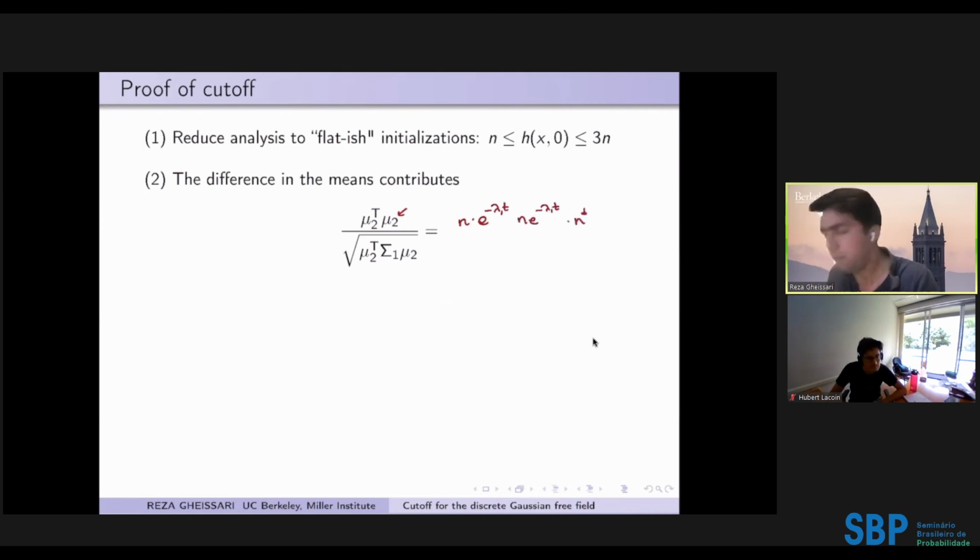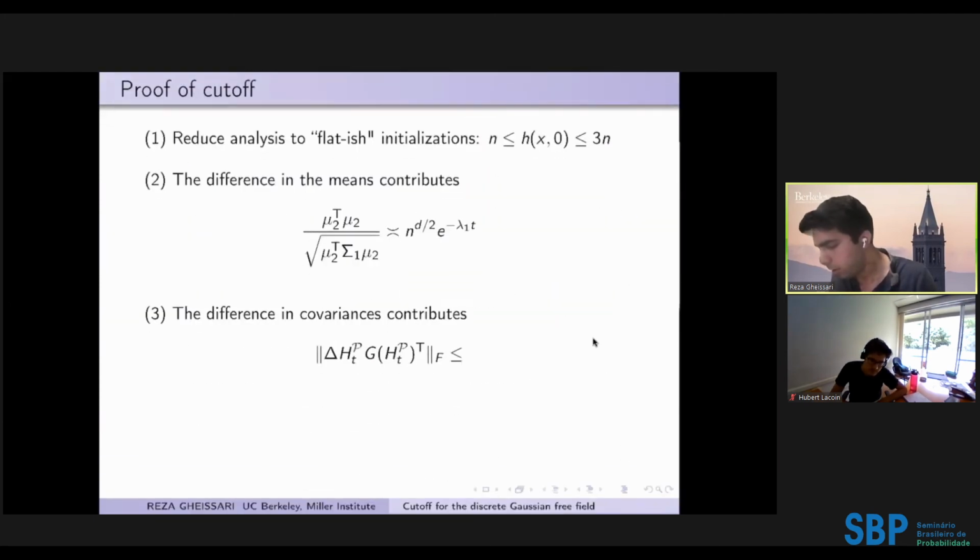And then you get an n to the d from the size of the vector. And on the denominator, you have an n squared coming from the size of this Green's function. That's the amount of time any random walk spends in the whole box before it gets killed, times the same quantity, n to the d plus 2 e to the minus lambda 1 t, and then a square root. So that's this n to the d over 2 e to the minus lambda 1 t if you do the math.